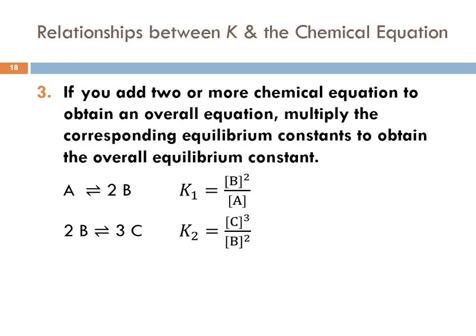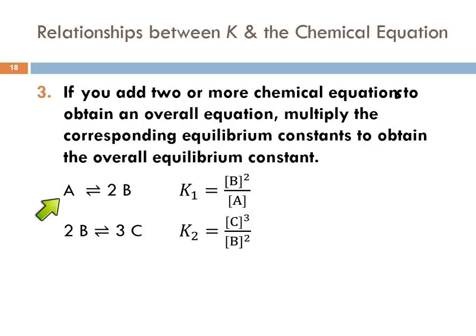Another thing that might happen: if you add two or more chemical equations, typo, needs to be an S in there, to obtain an overall equation, you multiply the corresponding equilibrium constants to obtain the overall equilibrium constant. So let's see how that would happen.